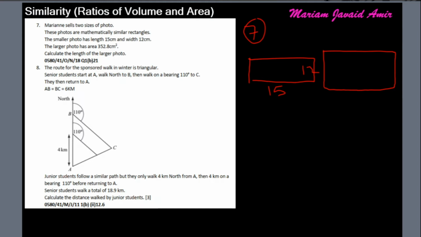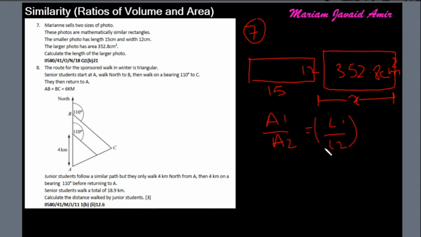Its area is 352.8 centimeters squared. We need the length of the larger photo. So length is corresponding to 15, so we need this length. Let's call this x. So again we'll use the formula A1 over A2 equals L1 over L2 whole squared.